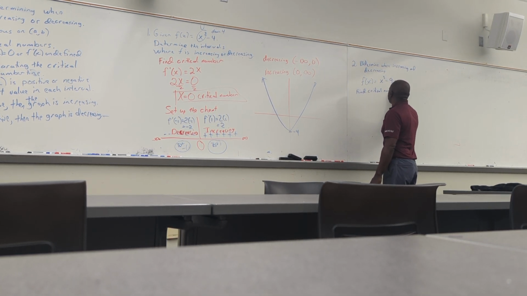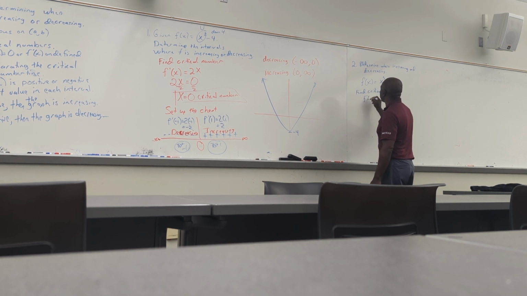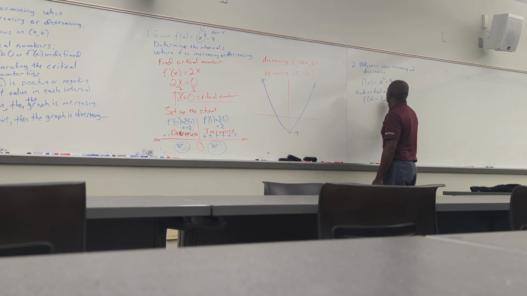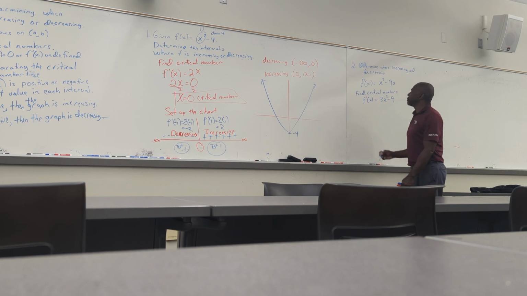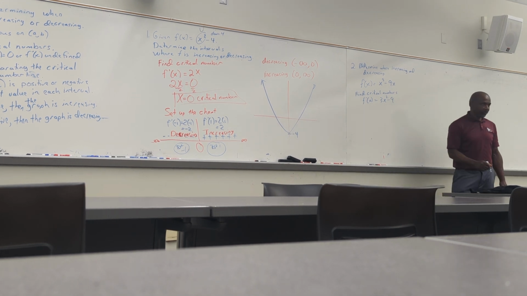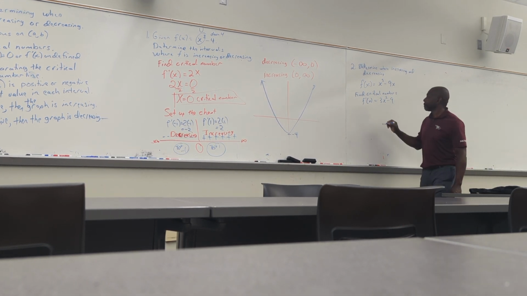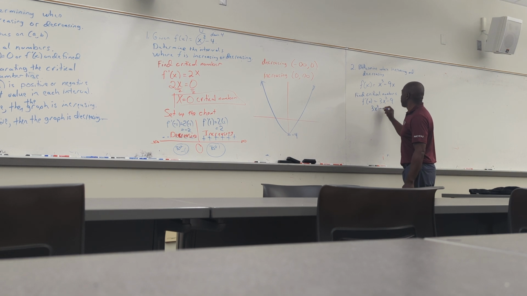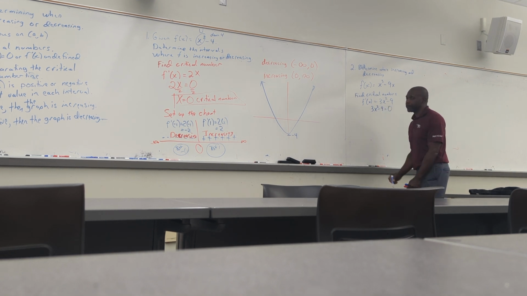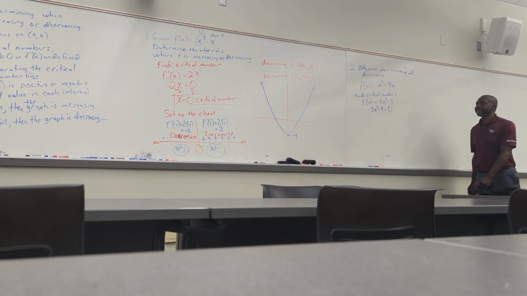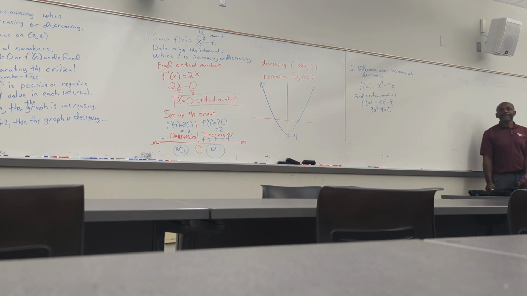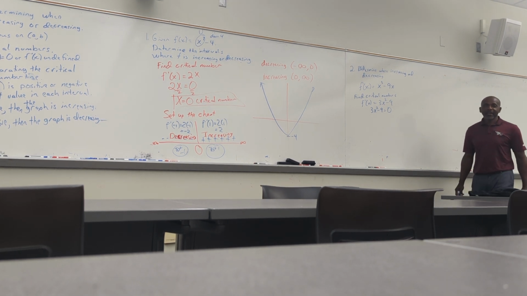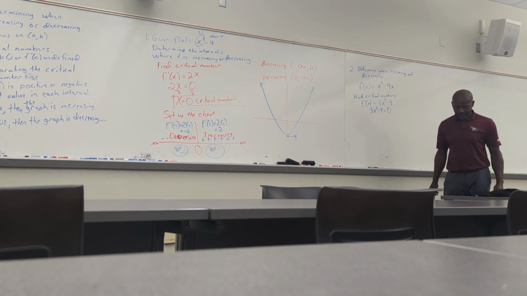What's the derivative? 3x squared minus 9. What are you gonna do with it? Set it to 0. How you gonna solve for x? Add 9 to each side.